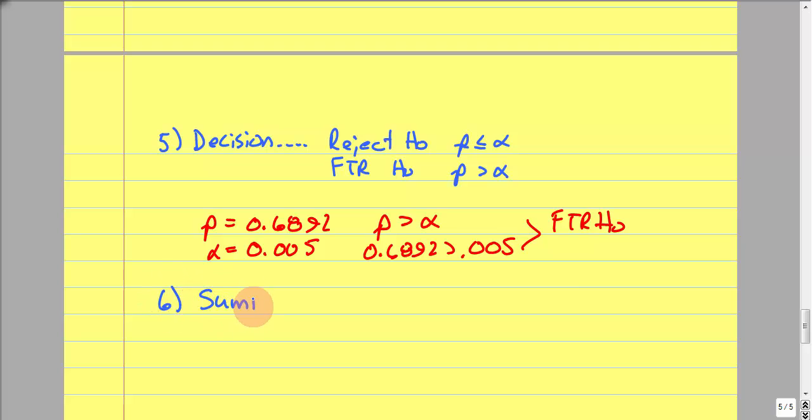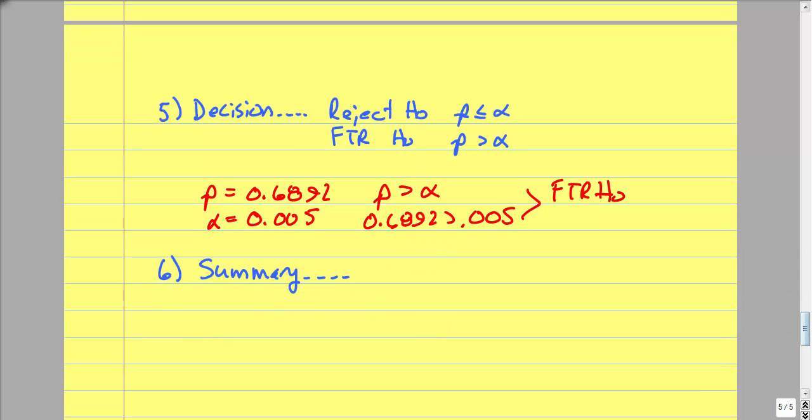So here's my summary. Now remember, this was about cell phone users. Fail to reject H0. So the data does not support the alternative hypothesis.